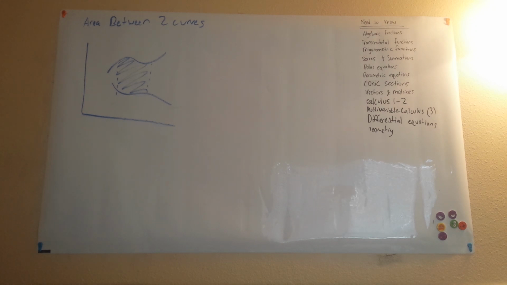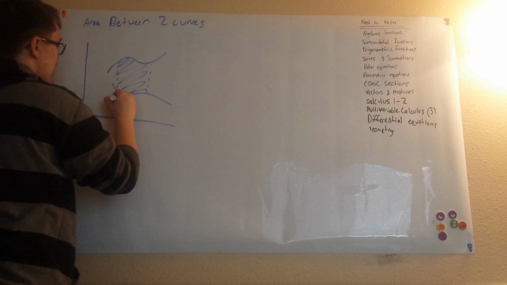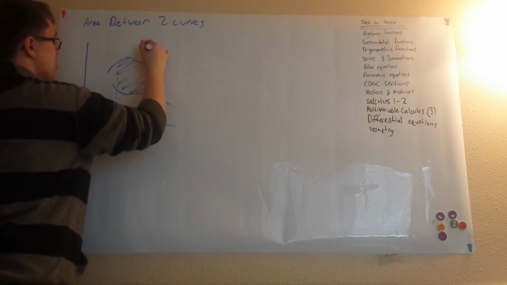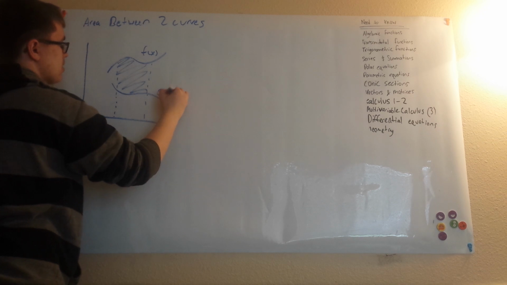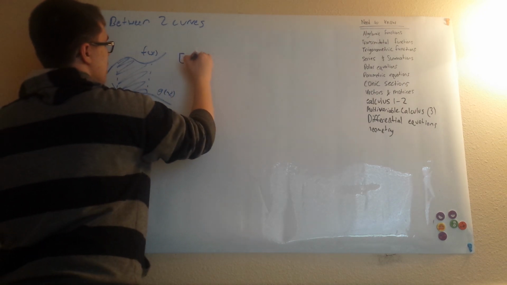How do we do that? This is going to be one of those simple videos, but what is the area under this entire function? Let's say this is f of x and g of x on a to b.